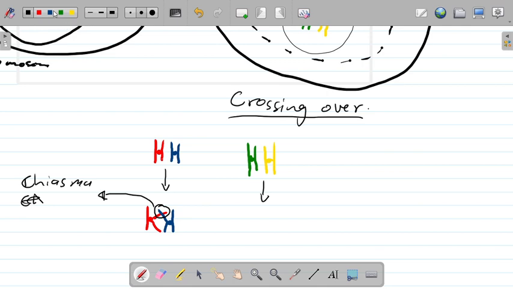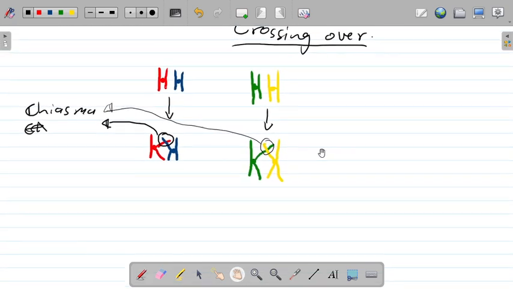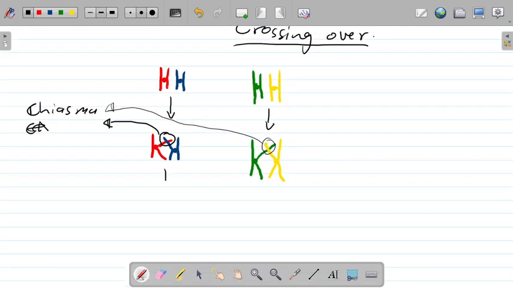Similarly, the other homologous pair will do the exact same thing. Remember, that one is slightly taller. The partner overlaps at the centromere, also forming a chiasma. Many are called chiasmata, one is a chiasma. Then what happens?